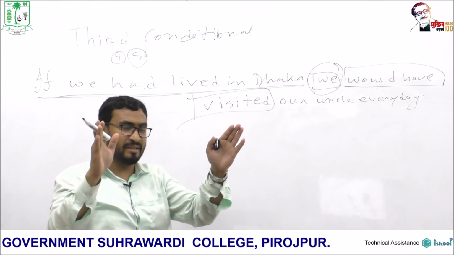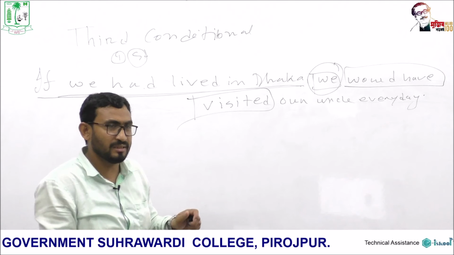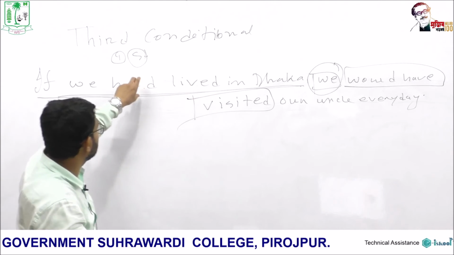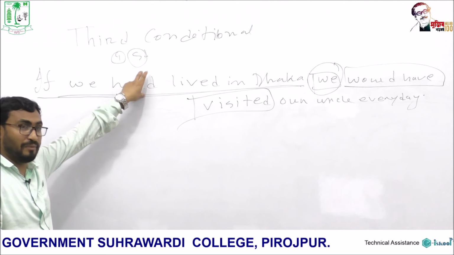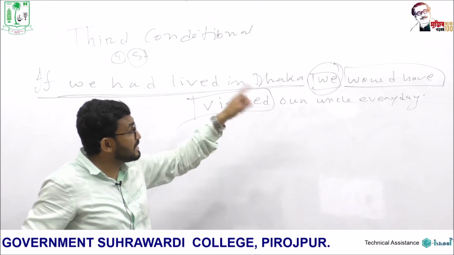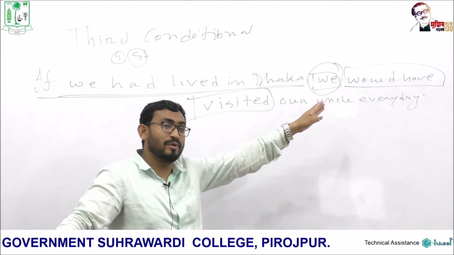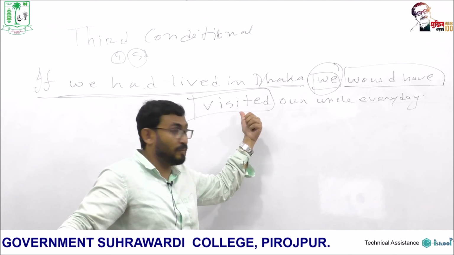So now you get the differences between the second conditional and the third conditional. That is, in third conditional sentence, the if clause is written in past perfect tense, and in the principal clause the structure will be subject plus would have, then verb past participle form.